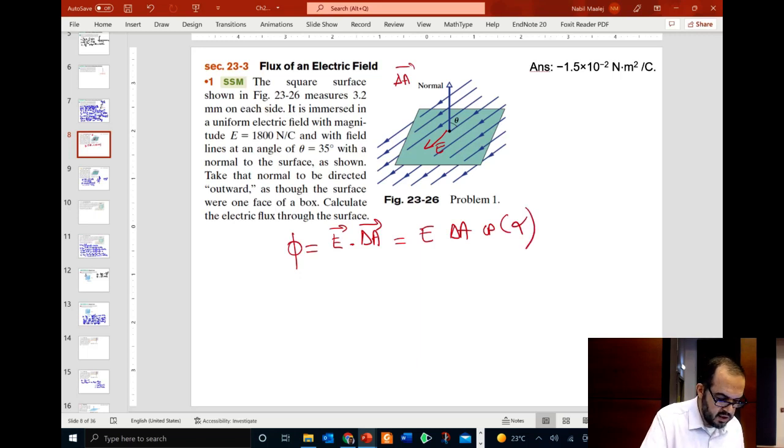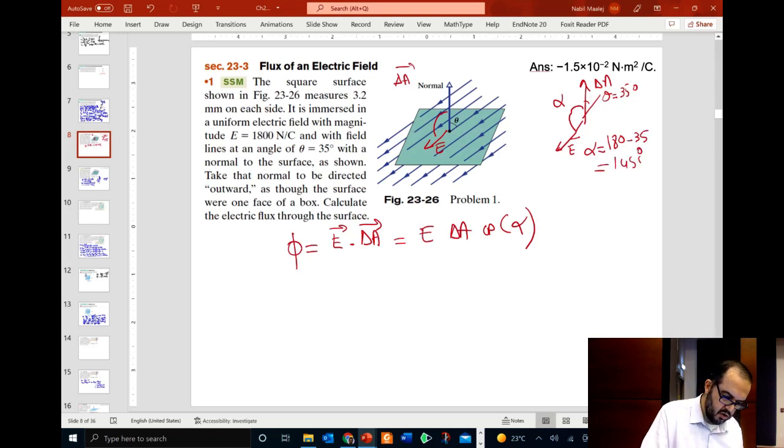Why did I not use theta? Because the angle between them is this angle actually. So if this is the area vector delta A, and this is the electric field vector, this is the angle between them, alpha. Since this angle theta is 35 degrees, what is alpha? Alpha is 180 minus 35, which is 145 degrees.